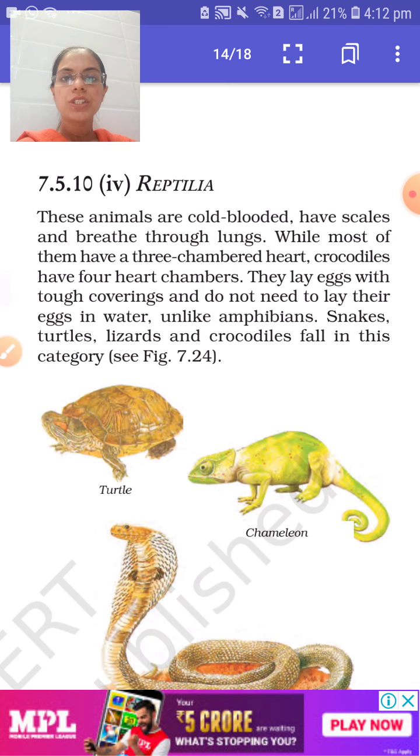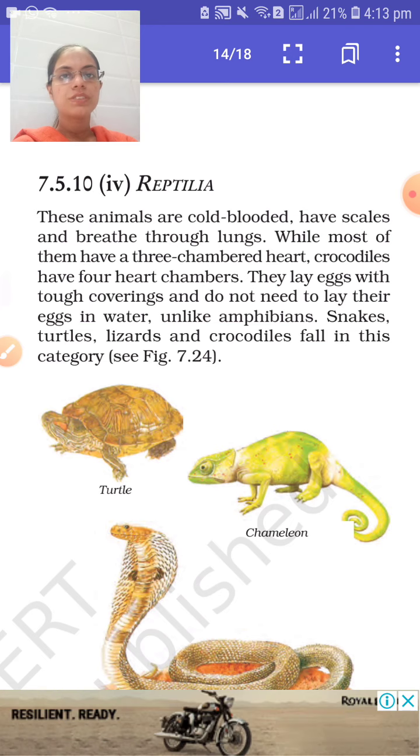They lay eggs with a tough covering. They do not need to lay their eggs in water, unlike amphibians. They can lay them outside on land as well.